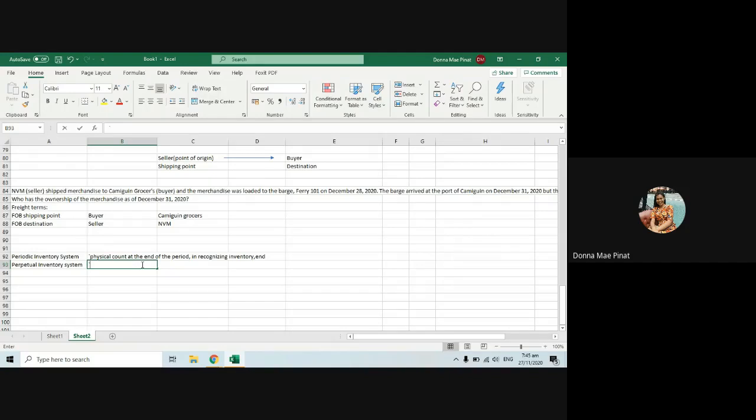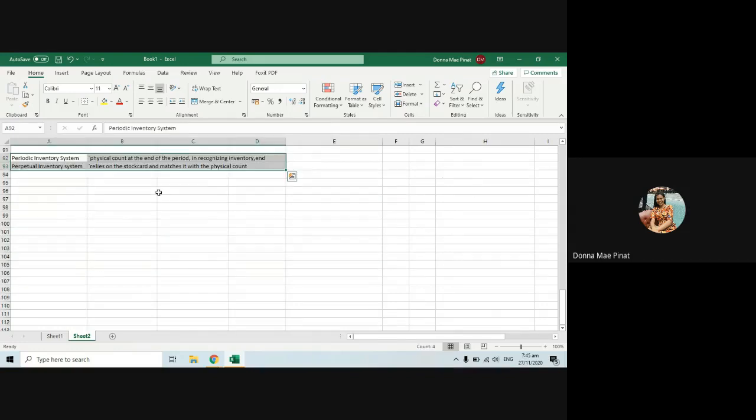So ang perpetual inventory relies on the stock card and matches it with the physical count. So normally ang ginagamit guys is kaning periodic. So if silent ang problem, periodic imong gamiton. So mag-ana ta diri.